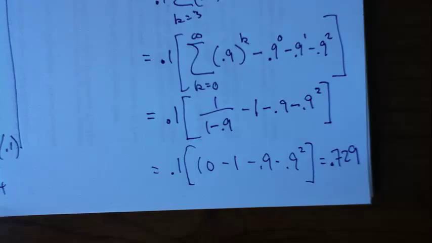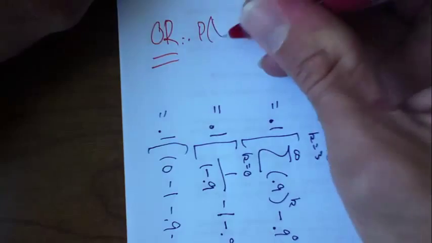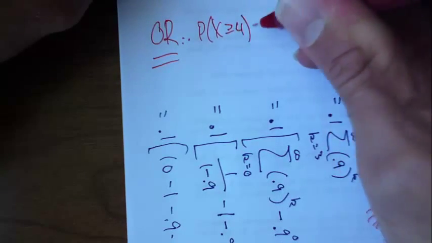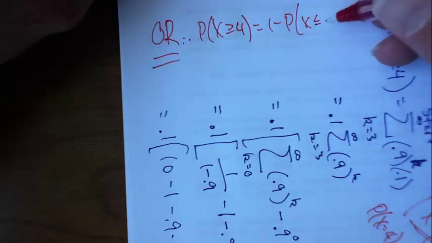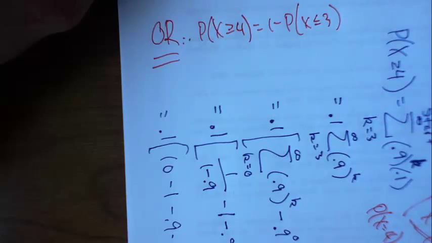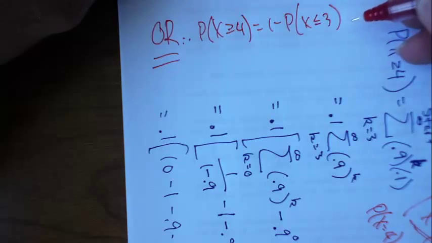Now that's pretty complicated. It turns out there's a much easier way. I'll do it over here. You say the chance that x is at least 4. Can I say that that's 1 minus the chance that x is less than or equal to 3? Yeah.